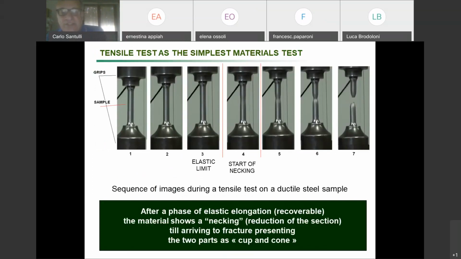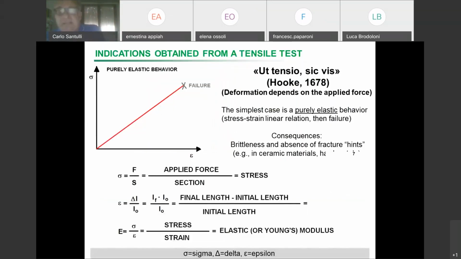In other words, if the material stays elastic until the end, we don't have any warning that it will break. And therefore, if we don't have any warning, that means that it's going to be brittle, the breakage is going to be sudden. Okay, so we have a purely elastic behavior.